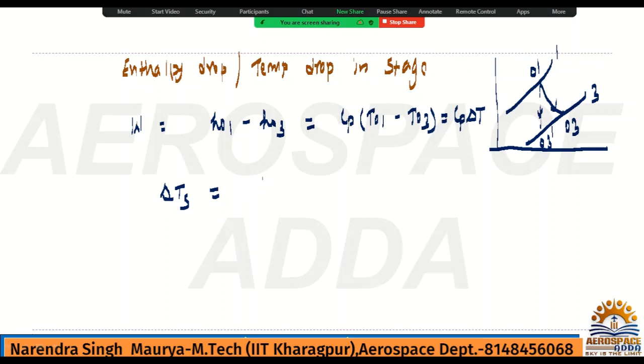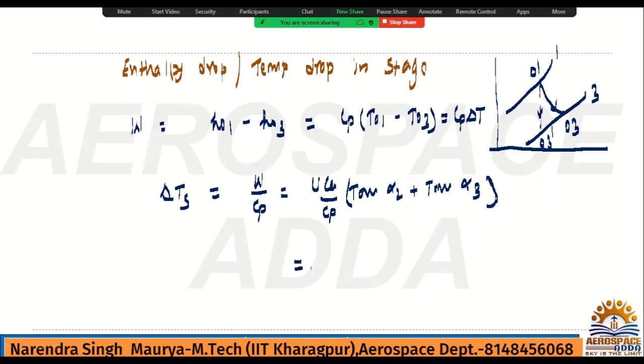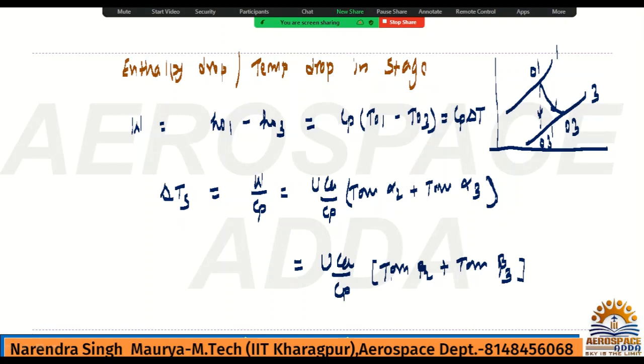You can get it, it is nothing but W divided by Cp, or you can say U Ca divided by Cp (tan alpha 2 plus tan alpha 3), or you can say U Ca divided by Cp (tan beta 2 plus tan beta 3). All right, so these are the temperature drop.